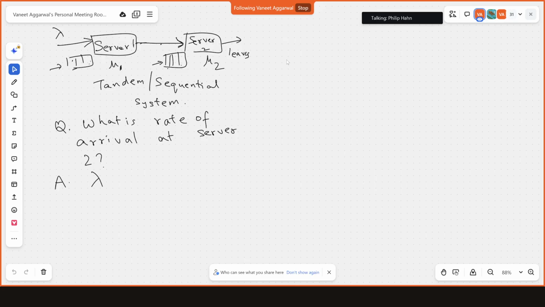To repeat, you said it's lambda as long as mu is greater than lambda, or lambda is greater than mu? The service rate has to be bigger, right? So mu1 and mu2 both have to be larger than lambda.